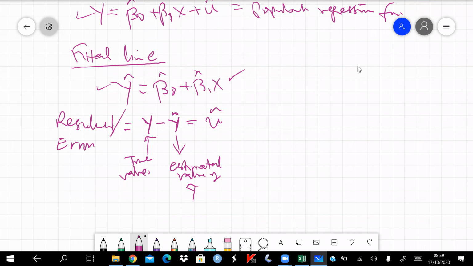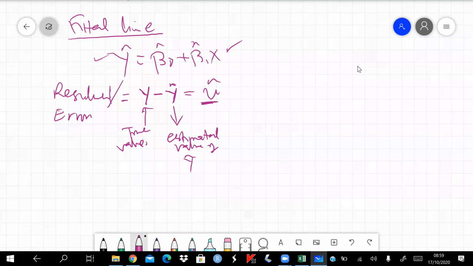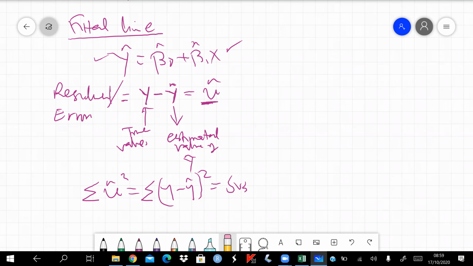So using the OLS method, our objective is to minimize the sum of squares of this. Let's start by squaring this. If you square this, you will get y minus y hat squared. But here our interest is the sum of squares, so let me call it the residual sum of squares.